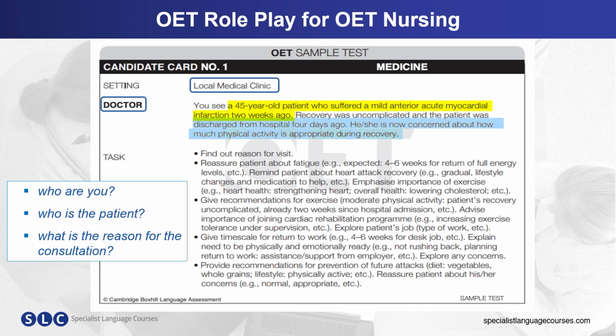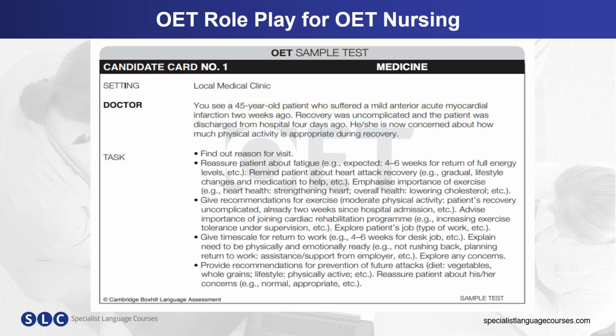So let's underline the verbs in the tasks which will guide you about what you have to do. What are the task verbs on this role card? So you can see you have to find out and reassure, as well as remind and emphasize the importance of exercise.